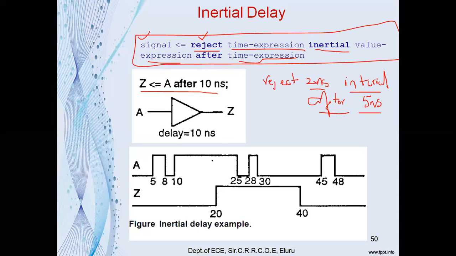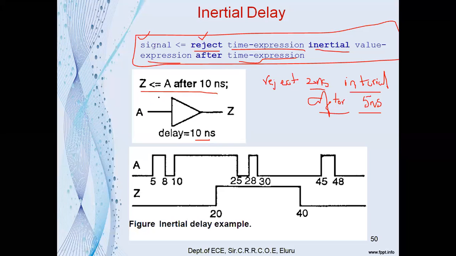So if you see this, it is an example here. The delay is 10 nanoseconds. The device delay is 10 nanoseconds. The inertia of this buffer circuit is 10 nanoseconds because it is a non-inverting buffer, non-inverting amplifier.